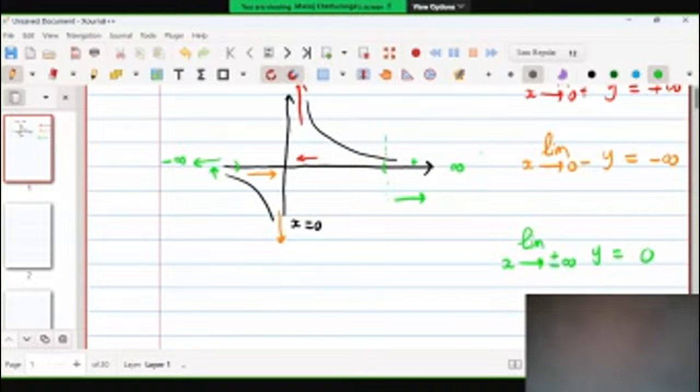Something interesting happens: y values are reaching a finite number.